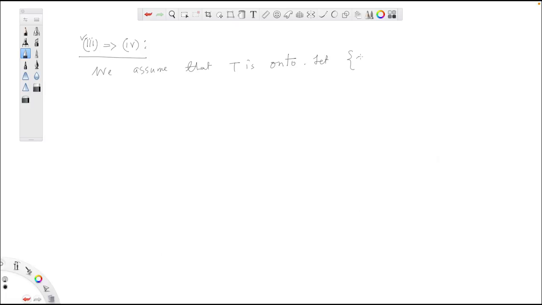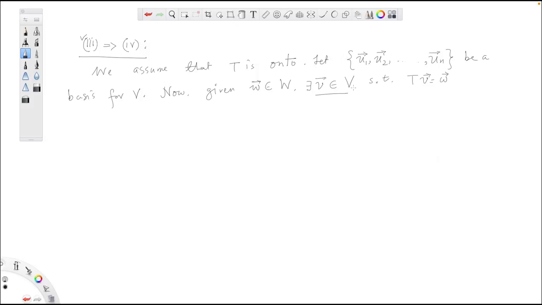Let U1, U2 all the way up to UN be a basis for V. Now, given W in the vector space W, there always exists a vector V in the vector space V such that T acting on V is equal to W. This is always possible.